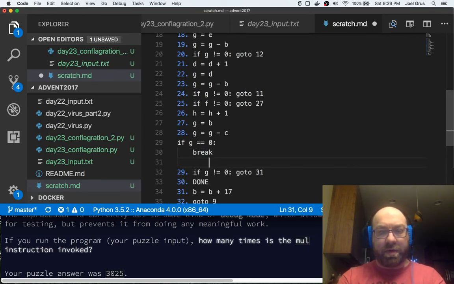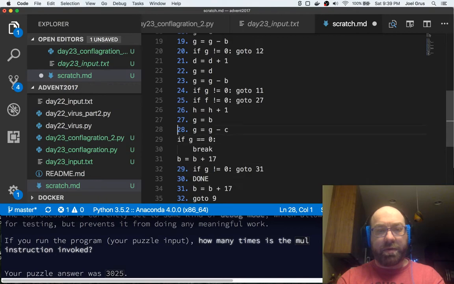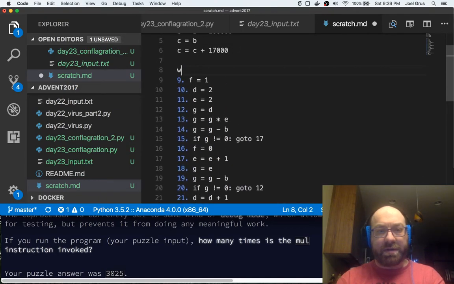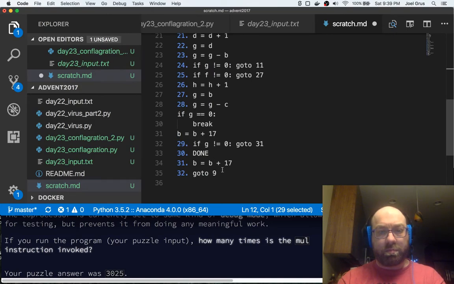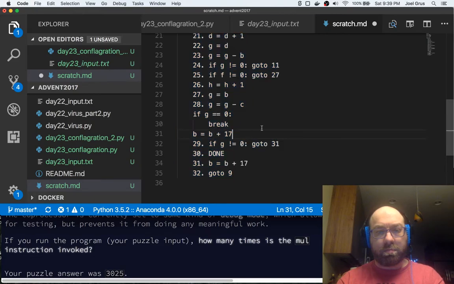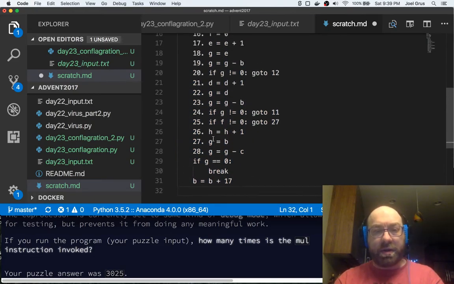And then otherwise, B equals B plus 17, and then we want to go to 9, so at 9, let's just stick a while true. Now we're done with that.